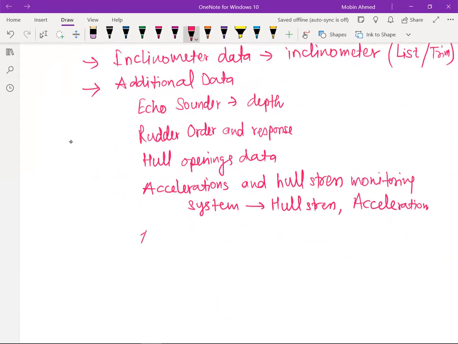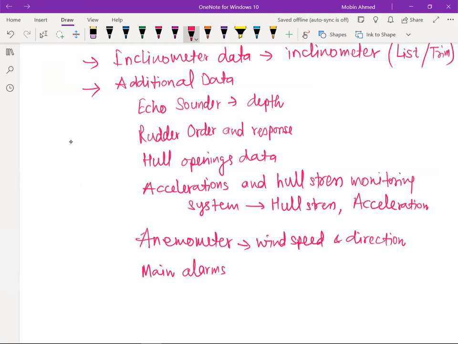Then the anemometer, it is going to give the wind speed and direction. Then there are the main alarms from AMS.